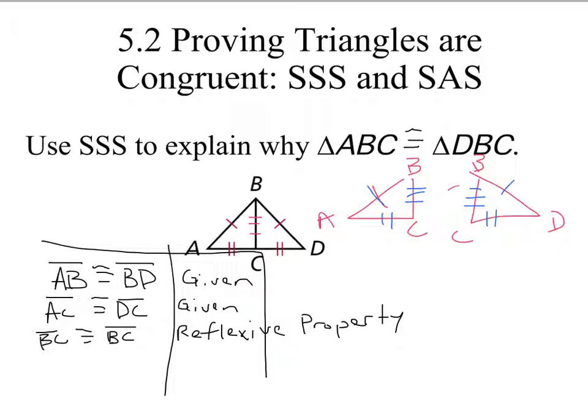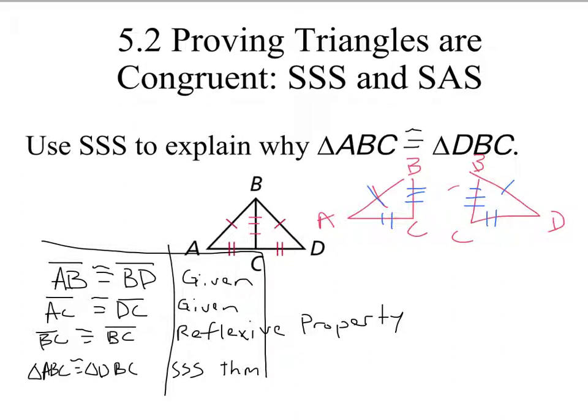When all three sides are congruent, I can safely prove that triangle ABC is congruent to triangle DBC because of the side, side, side theorem.